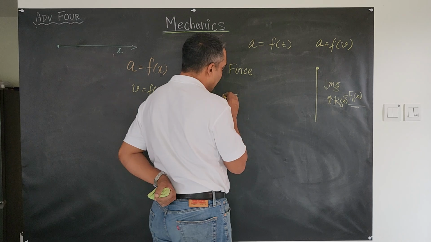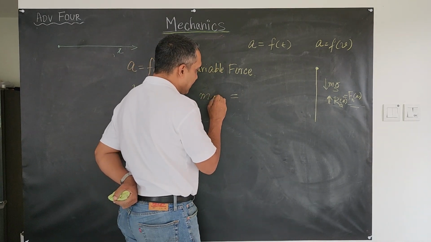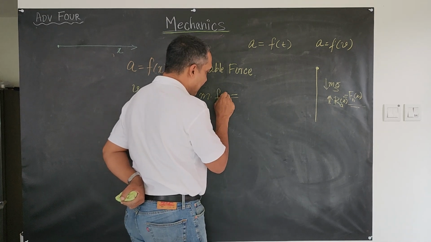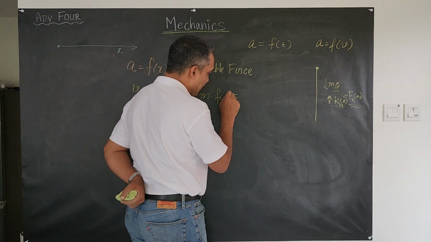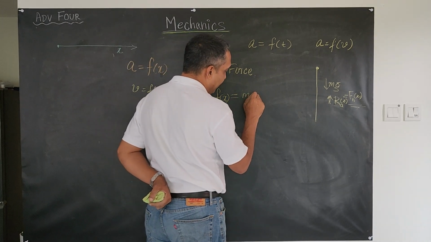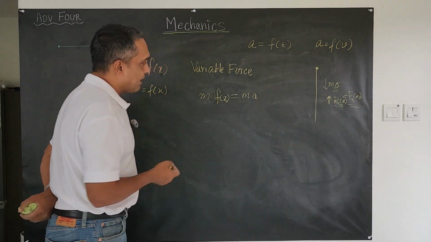You have an acceleration function, which is basically m times a function, m times f of x, and then you equate that with the force, which is basically ma, that is given to you.